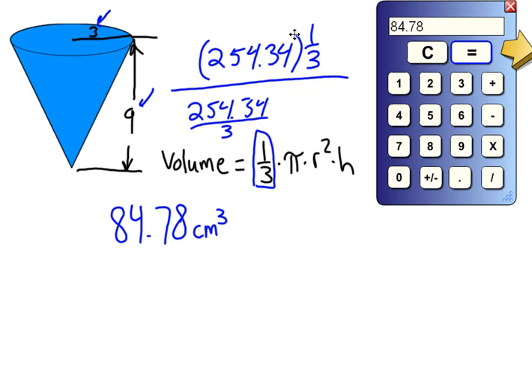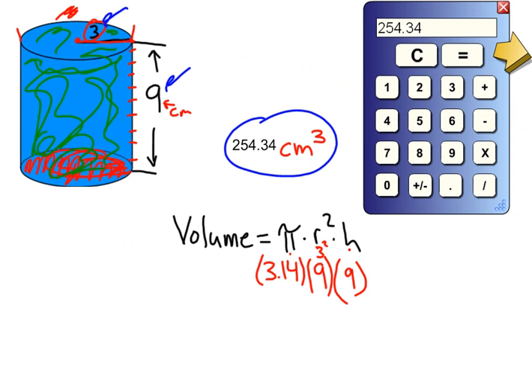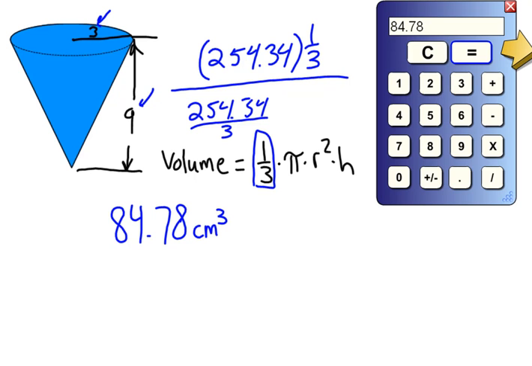Now, if say you did not have the previous information of the 254.34 and you had to work it out, we can do that too. Let's do it right down here in this little box. So we have 1/3 times the pi, which is 3.14, and then we're going to multiply that by the radius squared. Well, we know it's 3 times 3 again, so that's 9.